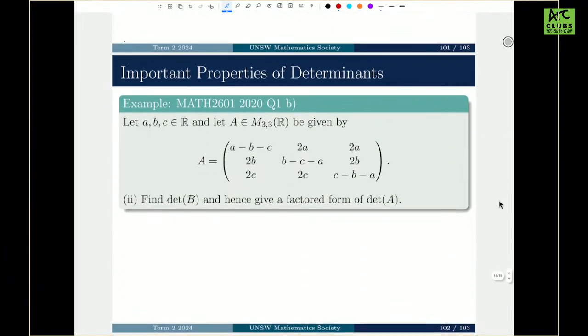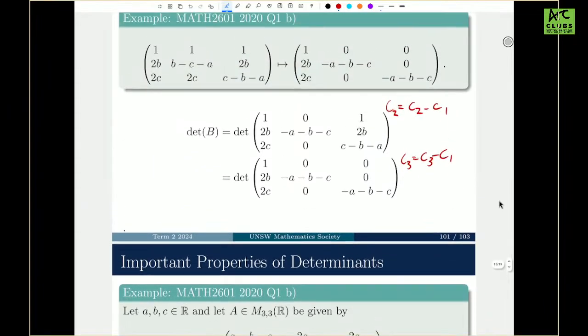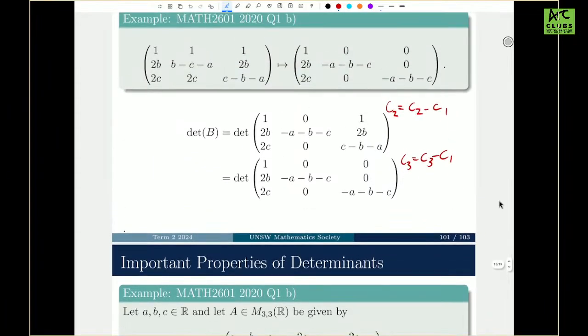Now, hence, find the determinant of B and give it in factored form. Oh, and hence find a factored form of the determinant of A. Okay. I mean, we look at B, and the glaringly obvious thing staring right at us is that this is 0, this is 0, this is 0. So everything above the diagonal is 0.